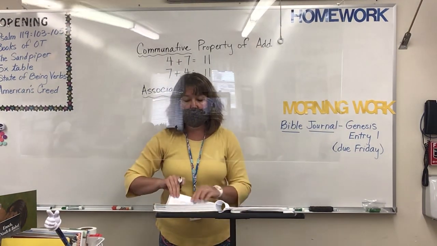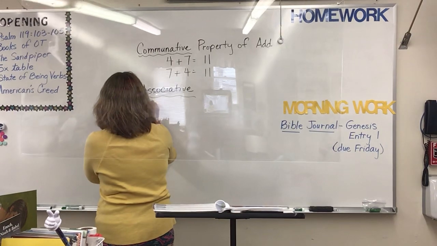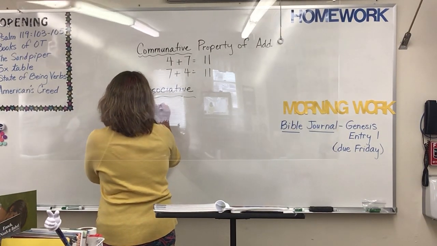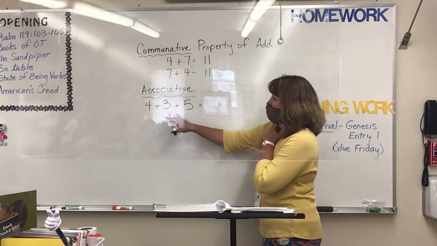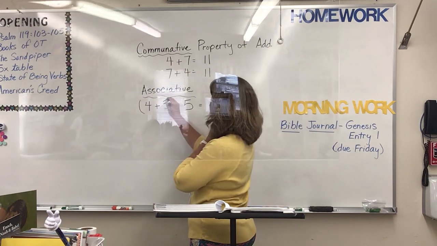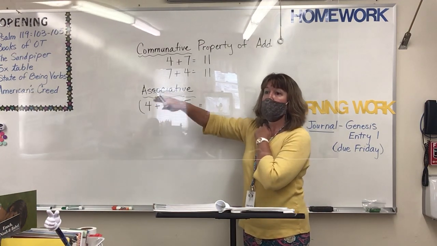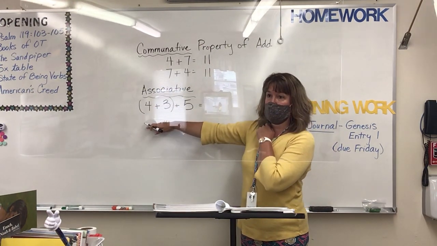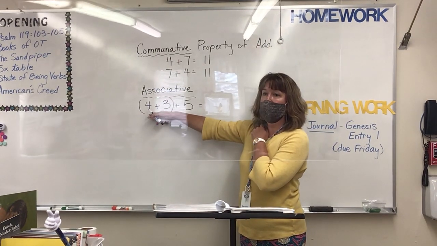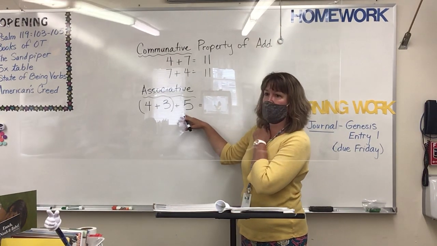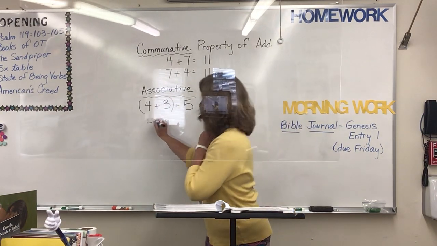When we have a math problem and we have parentheses, so let's say I have 4 plus 3 plus 5. I'm going to associate these two together. So I've got 4 plus 3. We always do what's in the parentheses first. Okay, so what's 4 plus 3? Eyes up here. 7, and what's 7 plus 5? 12.